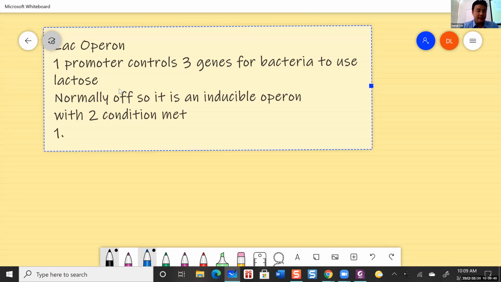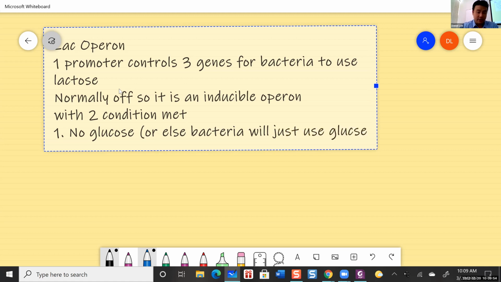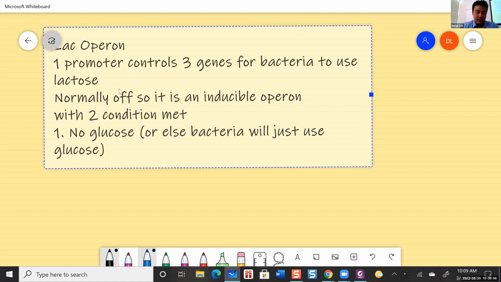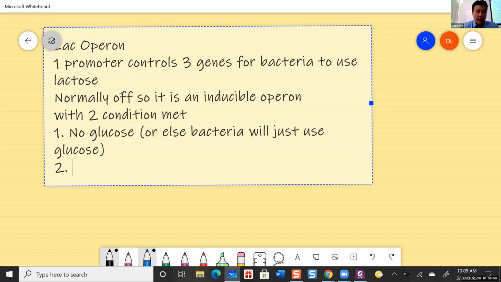The first condition is that there has to be no glucose. Otherwise bacteria will just use glucose instead of lactose, which conserves energy. And the second one, lactose must be present. Why turn it on when there's no lactose around to digest in the first place? Both of these are to save energy and make bacteria more adaptive.